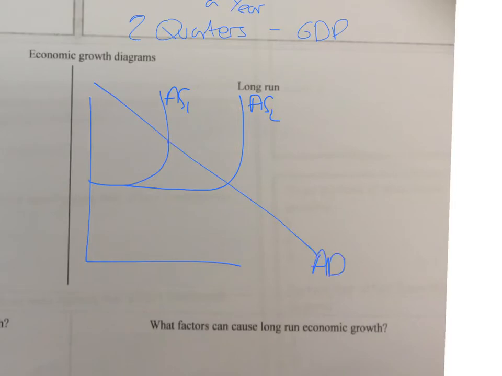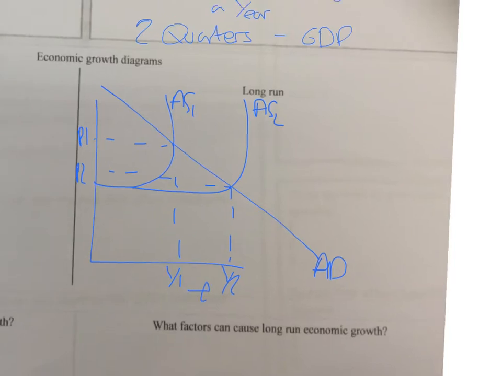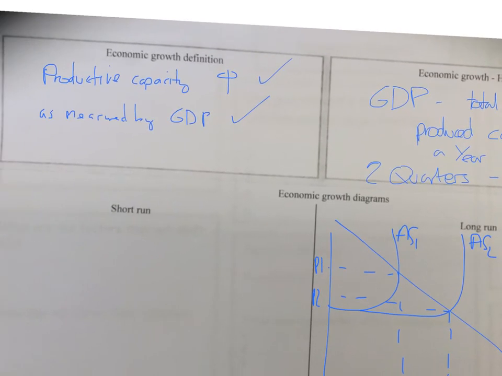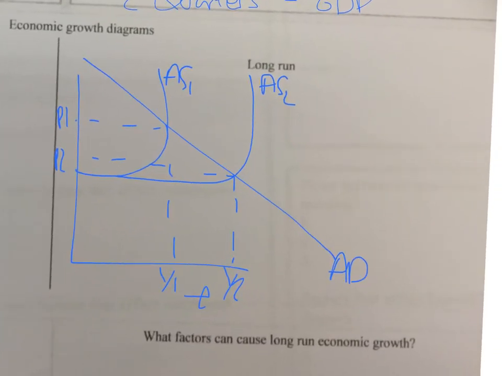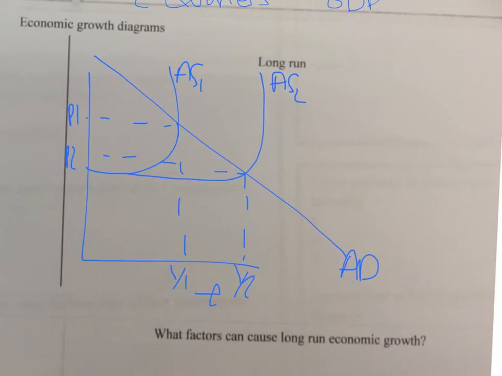And then you just do some dotted lines. As you can see, the reason why this is called true economic growth is because the 2 things that we want to happen have happened. The productive capacity of the economy has to go up and GDP has to go up.